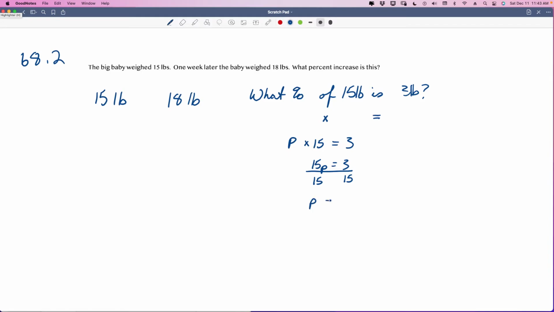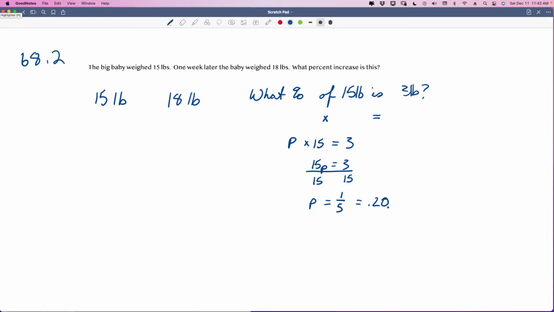So the percent is equal to, because 15 over 15, that's 1p. 3 divided by 15, we can reduce that fraction to 1 over 5. And when we use the calculator to divide 1 by 5, we get 0.2.